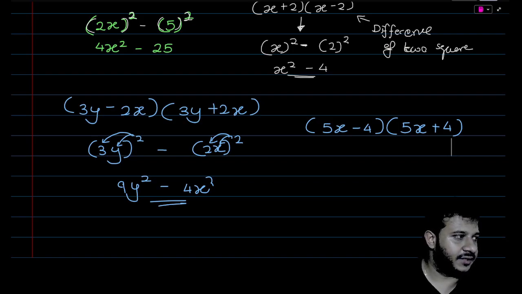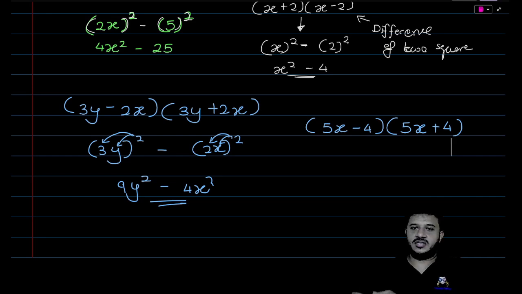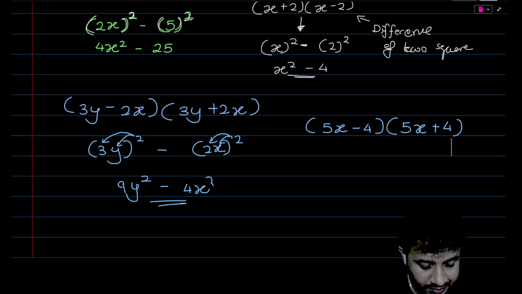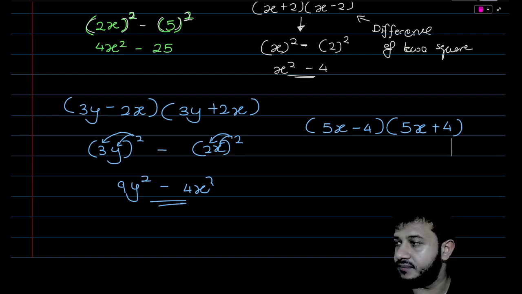Okay. Quickly do this question for me. Where is the first one? 25x square. Is it 25x square? 25x square, okay. And then negative 16.